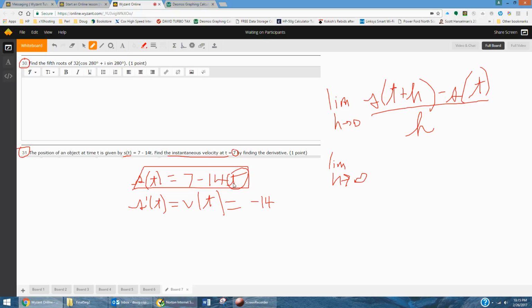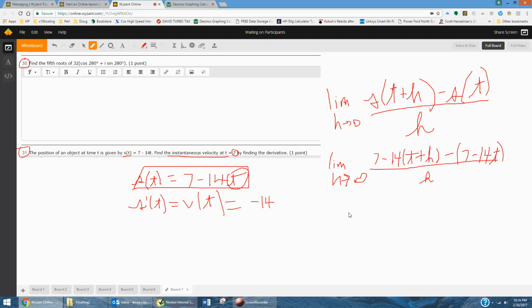So s of t plus h means 7 minus 14 times the placeholder for t. I'm putting in t plus h. From that, I'm subtracting s of t, which just is this, 7 minus 14t. Again, all over h.